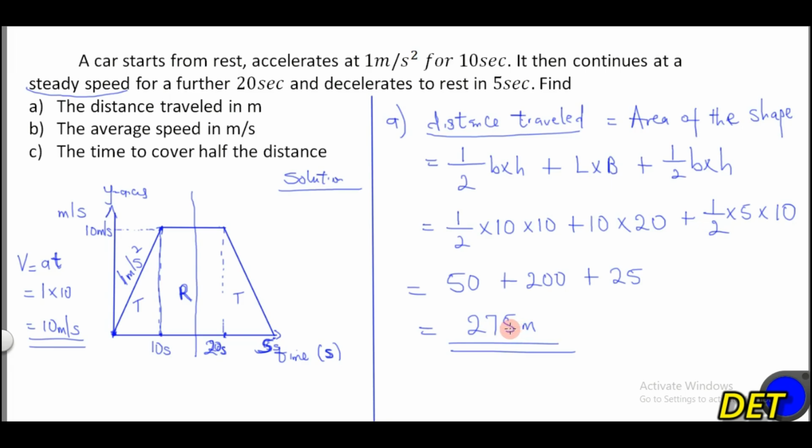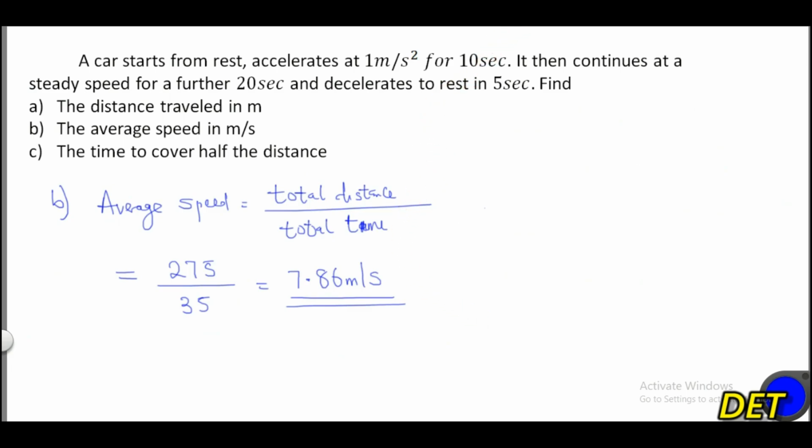So first of all, we should know that, so this is for our C, right? We should know that the total distance is equal to what? 275 meters, right?